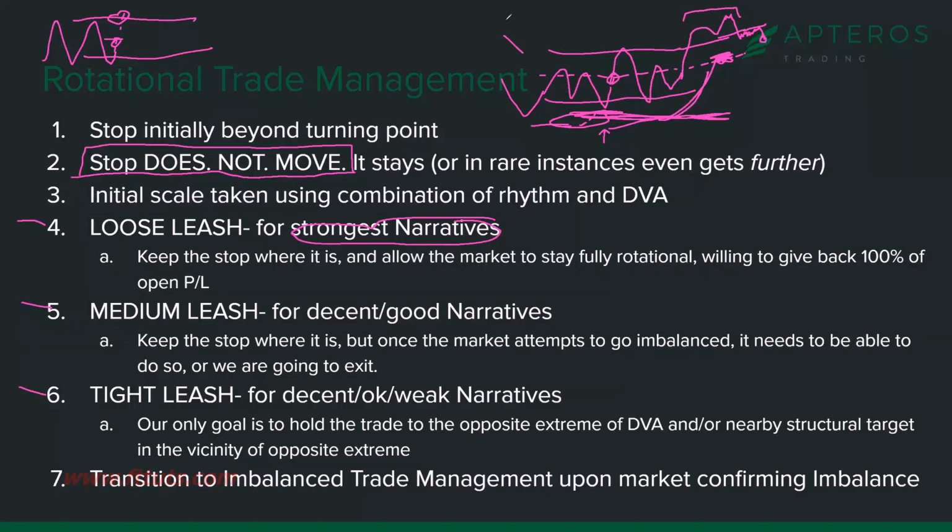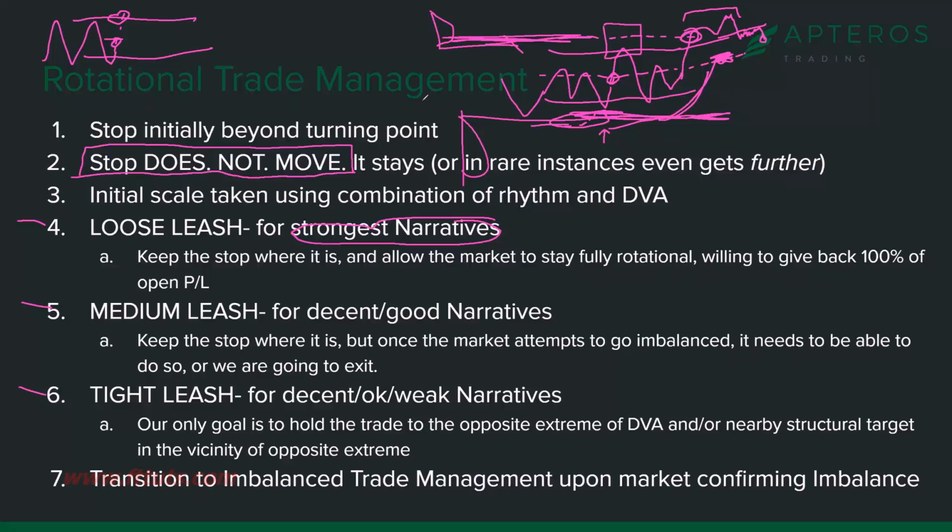Really, there was a reason to get long up here, and then there's a reason to get out up here. And we're really just looking for the other side of DVA. We're just looking for maybe a push to an extreme where our structural reference might be or something like that.